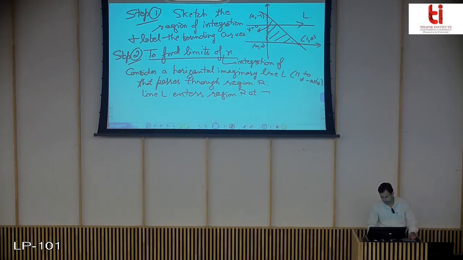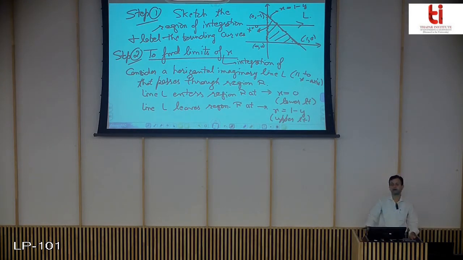So here you get x equals 0, that is your lower limit of x. Then the line L leaves region R at x equals 1 minus y, and this is your upper limit of x.